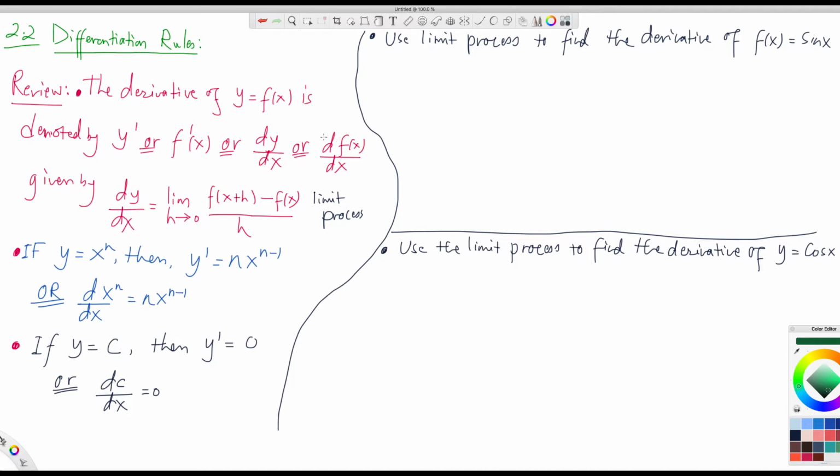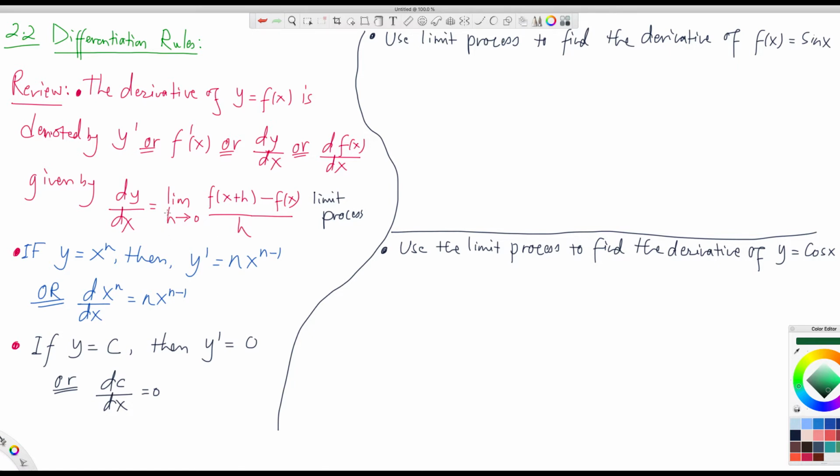But what is the meaning of the derivative? What is the definition of the derivative? What is the formula of the derivative for any function? We gave the definition of the derivative by the limit process. So the limit definition of the derivative, dy over dx, or y prime, or f prime of x, is the limit as h tends to 0 of f of x plus h minus f of x, divided by h.